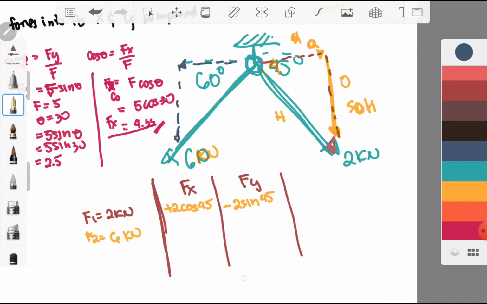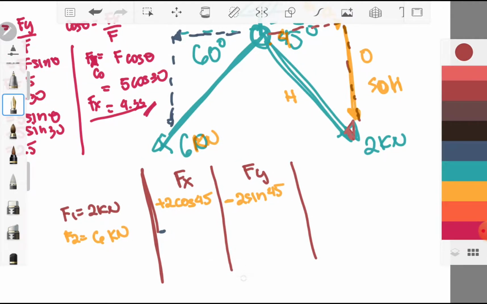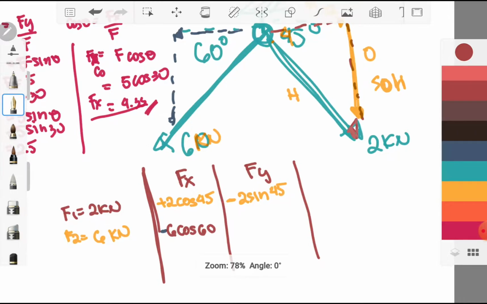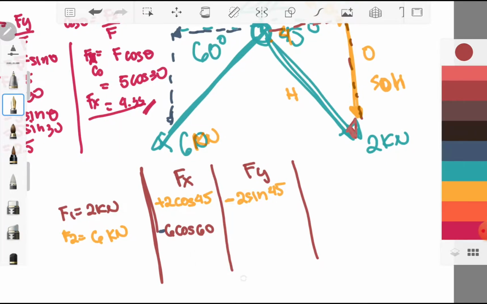So therefore we have negative. It is going to the left: negative 6 cosine 60 degrees. And then at the y component it is going down, so therefore it is also negative 6 sine 60.